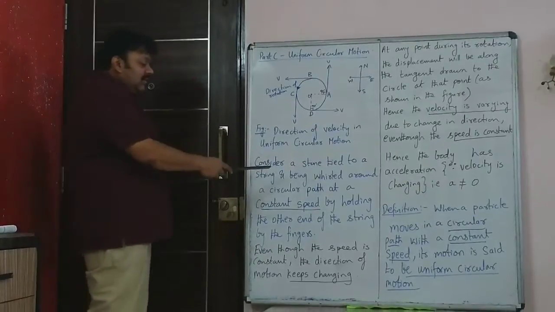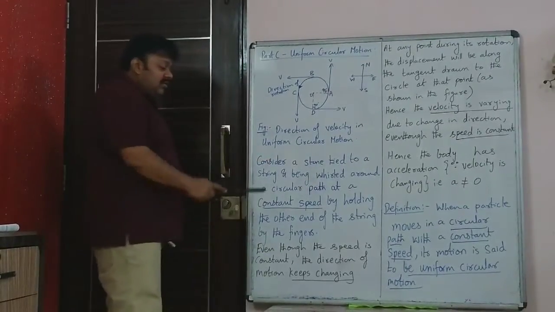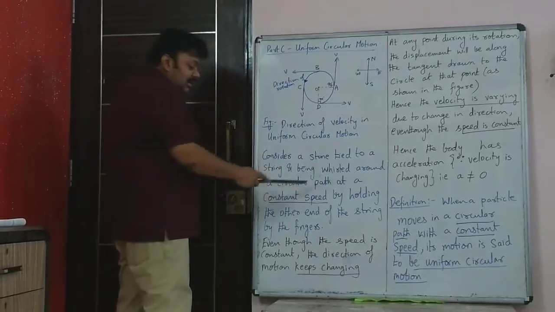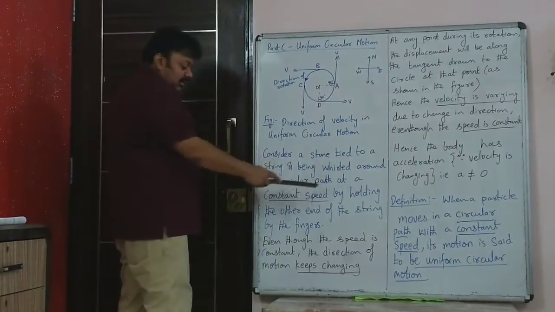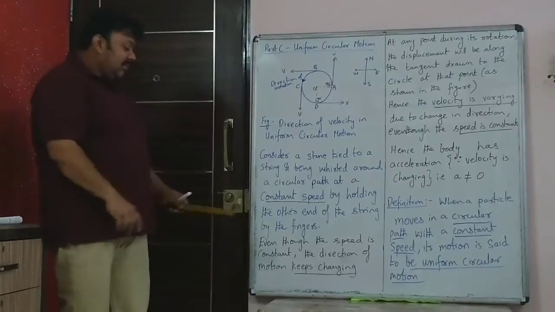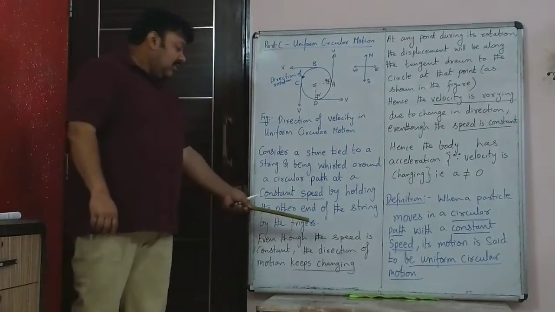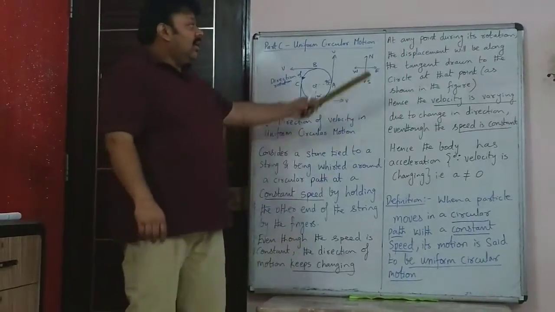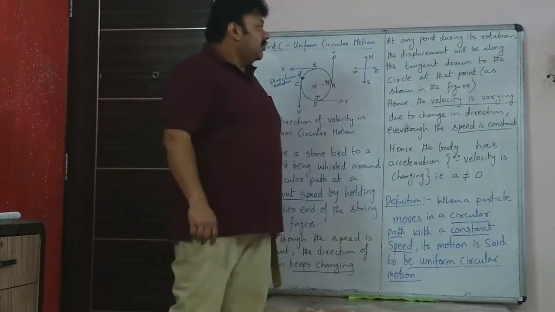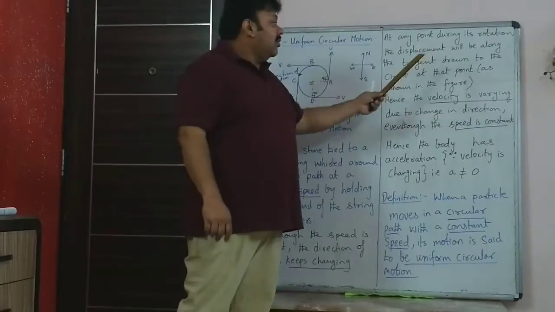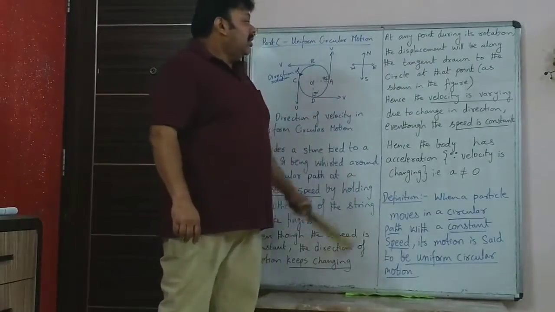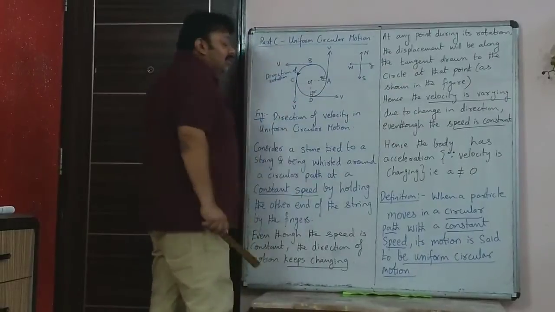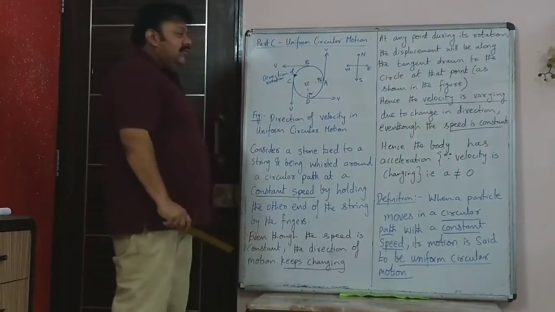So here we have written, consider a stone tied to a string and being whirled around in a circular path at a constant speed by holding the other end of the string by the fingers. Even though the speed is constant, the direction of motion keeps changing. At any point during its rotation, the displacement will be along the tangent drawn to the circle at that point as shown in the figure.